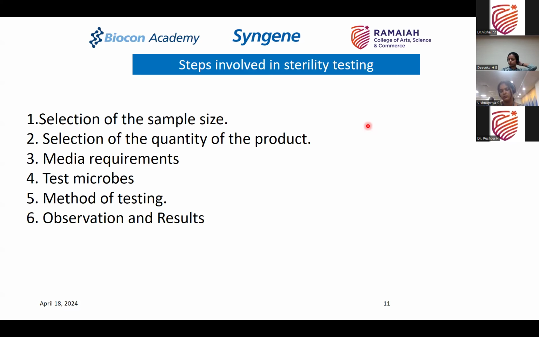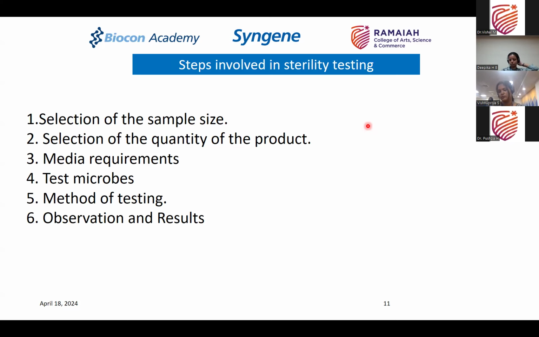The first thing is we have to select the sample size. In my next slide, I am going to talk about what the size of our samples should be and how we select it, according to the pharmacopoeia, and how many samples have to be selected.